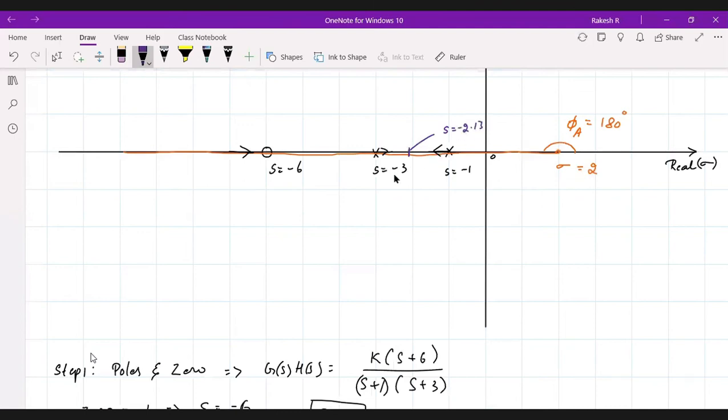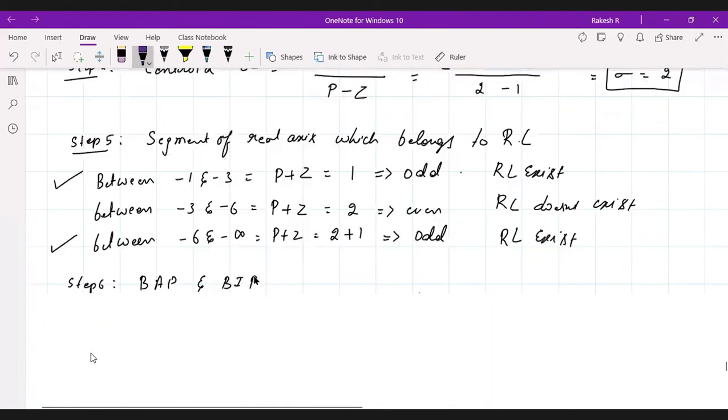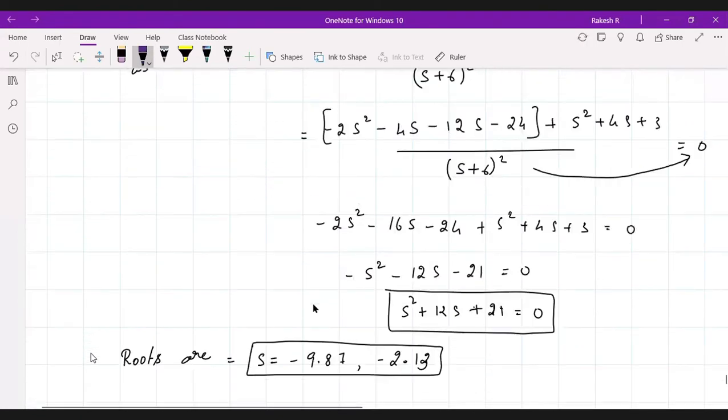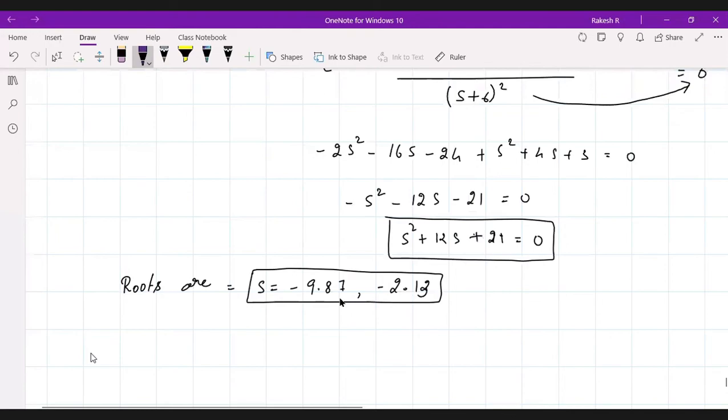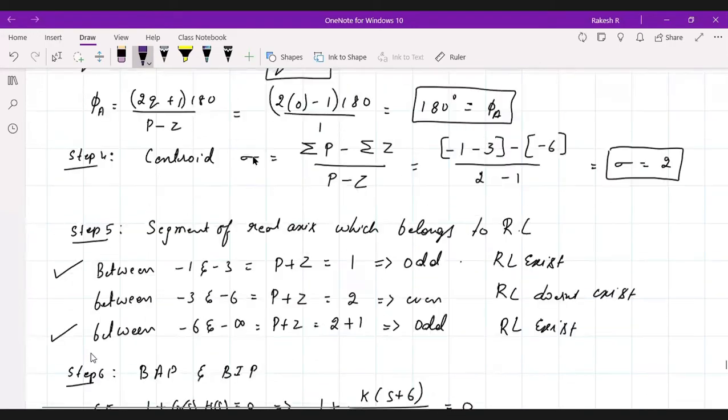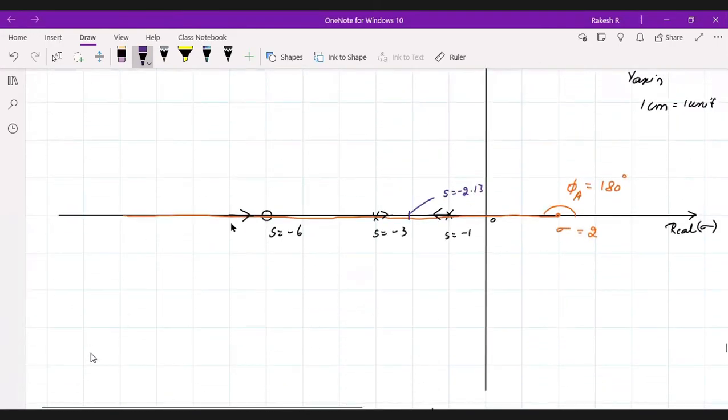Then the next one is s is equal to minus 9.87. So this is 6, 7, 8, 9. 9.87 is somewhere here, right? This is s is equal to minus 9.87. So we got two values, s is equal to minus 2.13 and s is equal to minus 9.87.